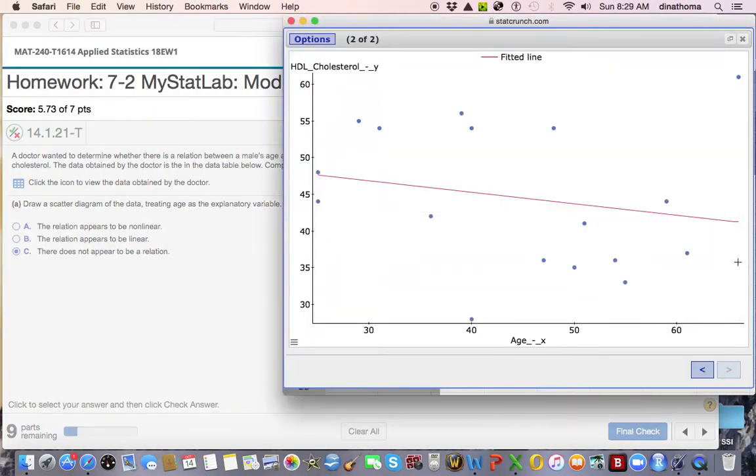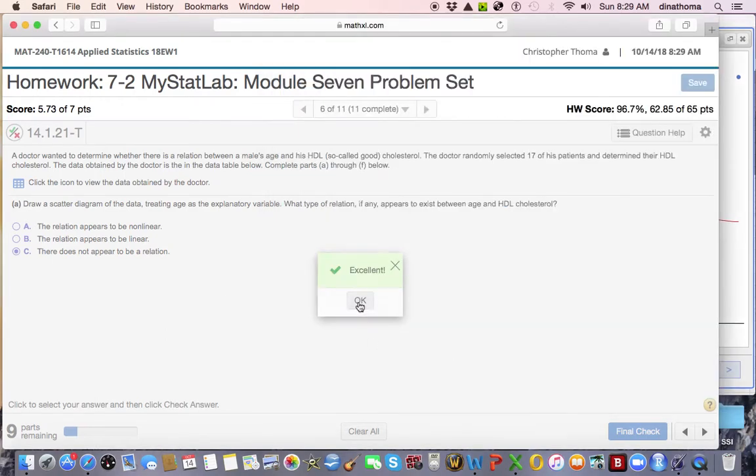If there had been a relationship other than linear, you would have seen a pattern. Either the points would have been clustered, or they would have gone up then down, maybe like an S. Since this is just like this, there is no pattern. I would say there's no relationship. But we can have other relationships other than linear. In this class, all we learn is linear, though.